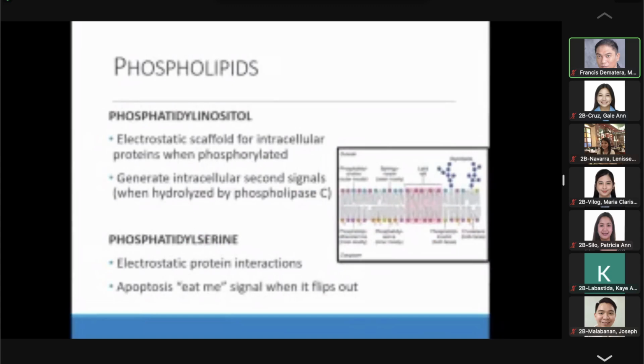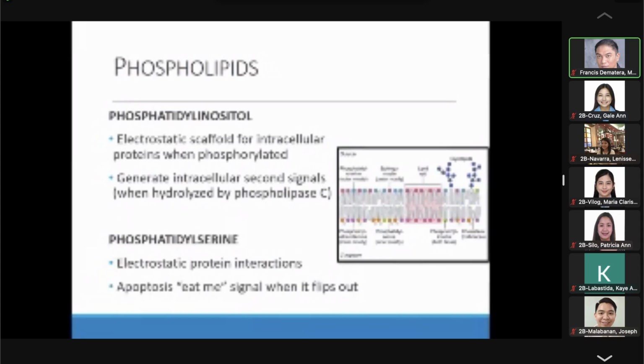So specific phospholipids interact with particular membrane proteins and they modify their distributions and function. So phosphatidylinositol serves as an electric scaffold for the intracellular proteins when phosphorylated, and they generate intracellular second signals when hydrolyzed by phospholipase C. This is when it's inside, but they are overly represented on the outside.